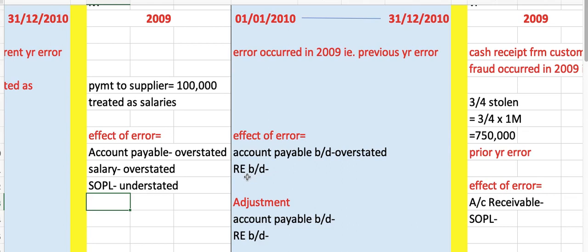When there is a previous year error that we correct retrospectively, it is as if we have corrected the previous year figures. How do we correct that? Using the retrospective method, by correcting the retained earning, because retained earning is carried forward from previous year. So when your SOPL is understated, your RE is also understated.